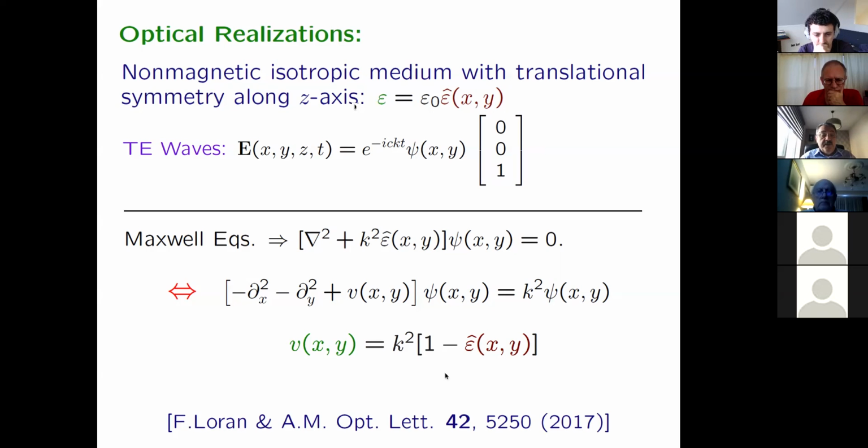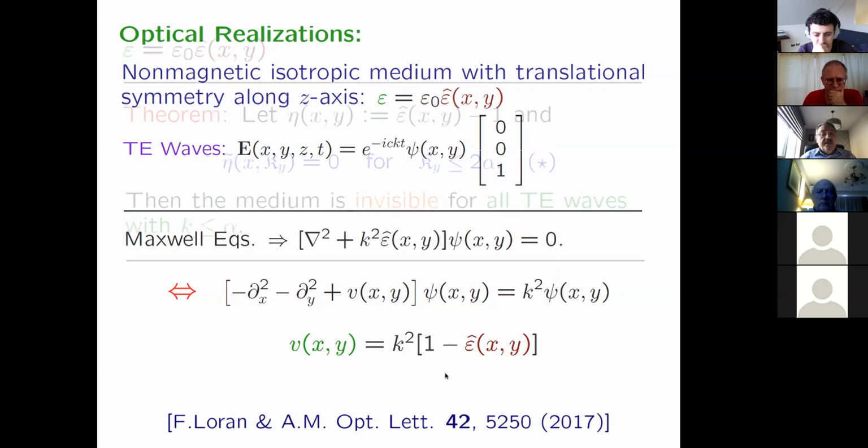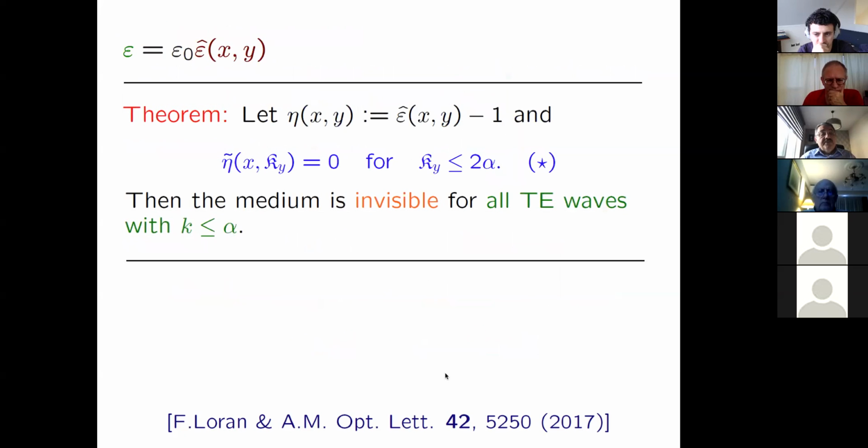This is called an optical potential. So you can translate this theorem and write it in terms of permittivity. It takes this form. If eta is the relative permittivity minus 1, and the Fourier transform of eta with respect to y is 0 for ky less than or equal to 2 alpha, then this medium will be invisible for all TE waves with wave number less than or equal to alpha.